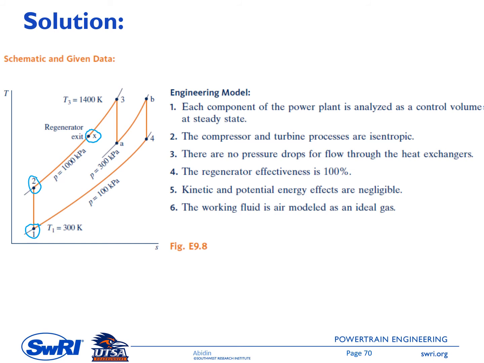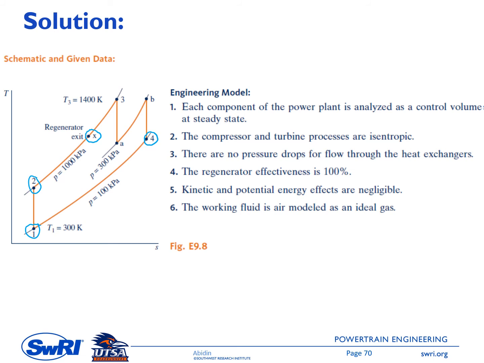This is very important. So T4 here is at the exit of the last turbine stage, and also this is at the entrance of the regenerator. Because the effectiveness is 100%, Tx equals T4. So you can see in here that if you draw a line connecting X and 4, it will be a horizontal line.